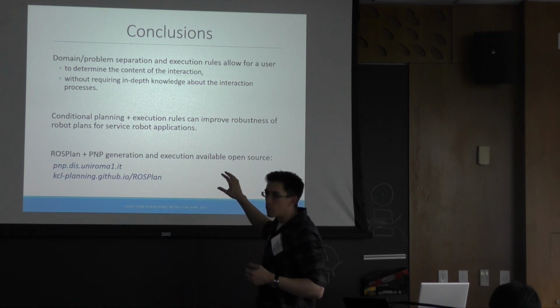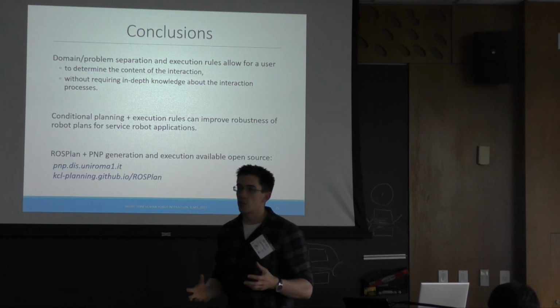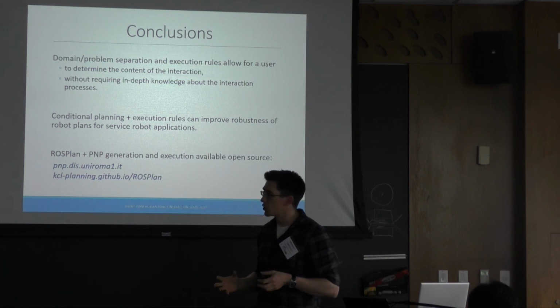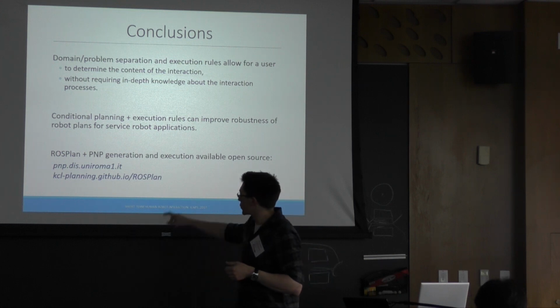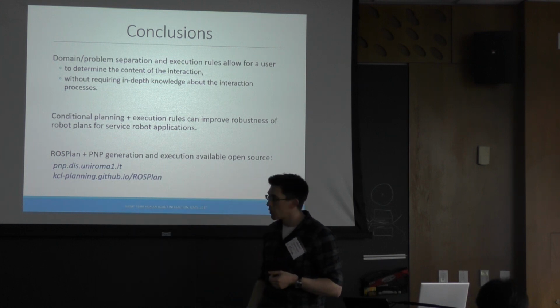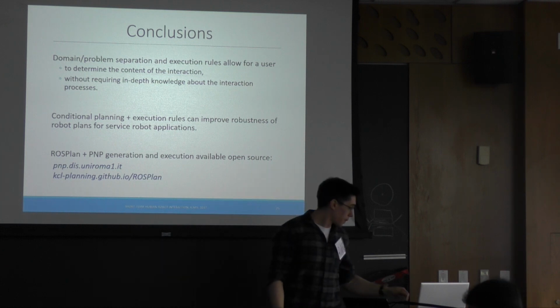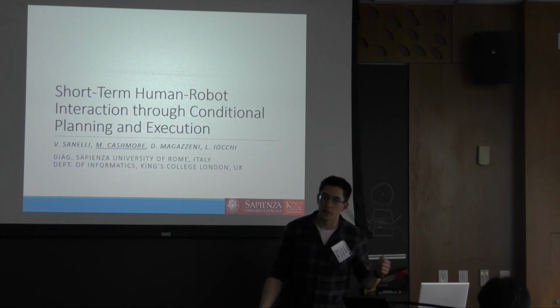This is then combined with the execution rules, which are also declared in a declarative way to provide robust execution. You can get all of the source code online from the PNP library and ROSPlan. And thank you. That's all I have.